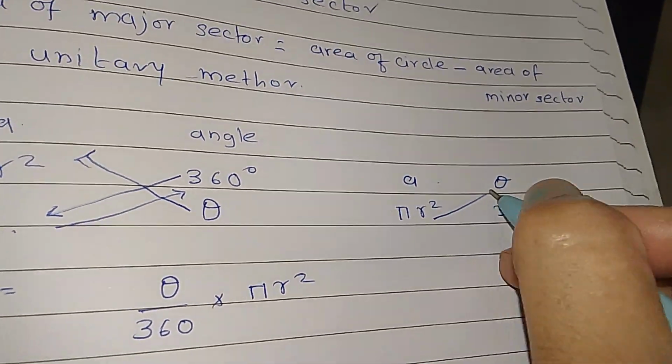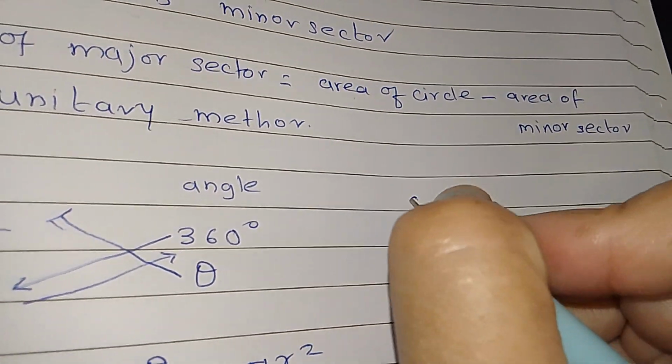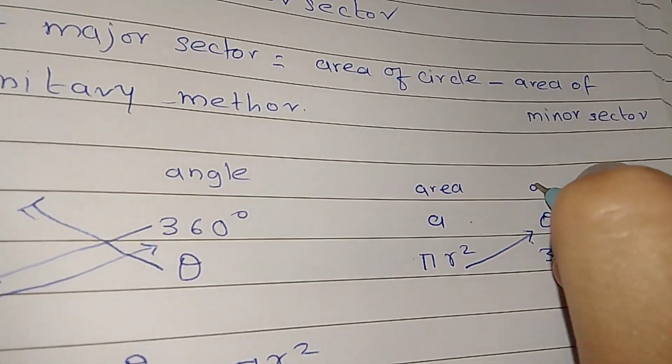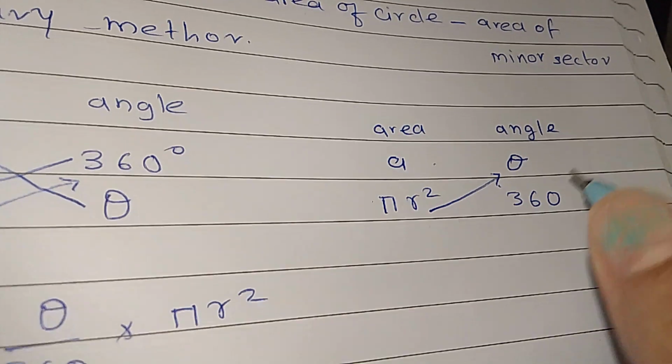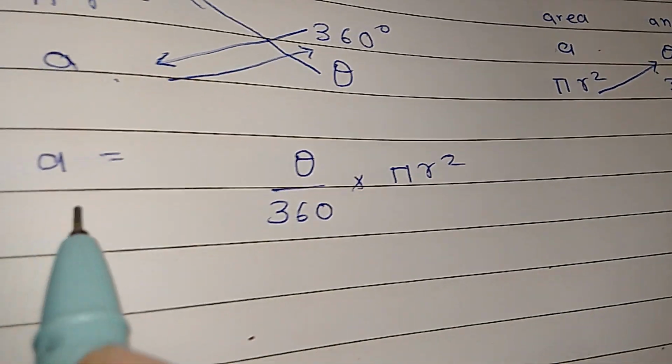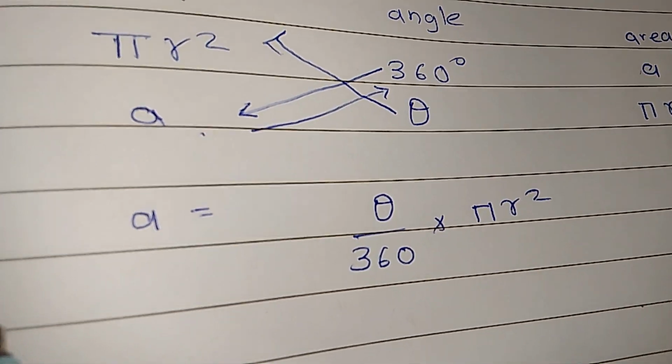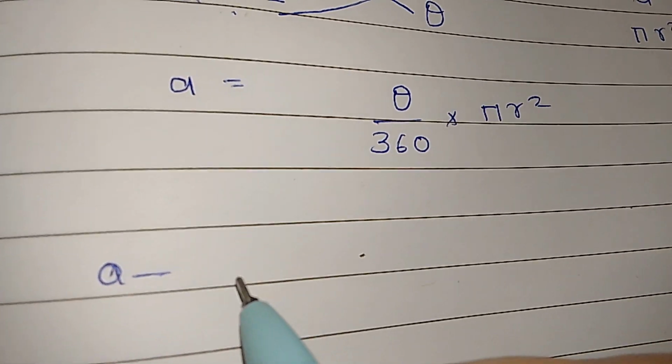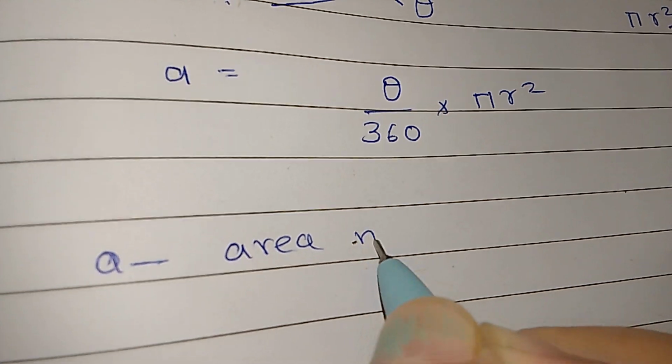So you just take it up. This is area, this is angle. So with the help of the unitary method we can find out the area of a minor sector. So this A is the area of the minor sector.